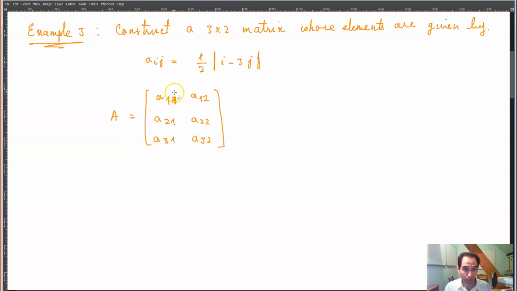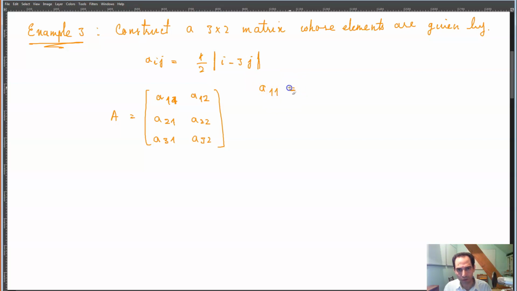And so over here you can see that, for example, i is 1, j is 1; i is 1, j is 2; i is 2, j is 1; i is 2, j is 2, and so on. So you have to calculate all of these elements one by one and put them in a matrix, meaning that I can write, for example, A of 1 1. Here i is equal to 1, j is equal to 1, right?